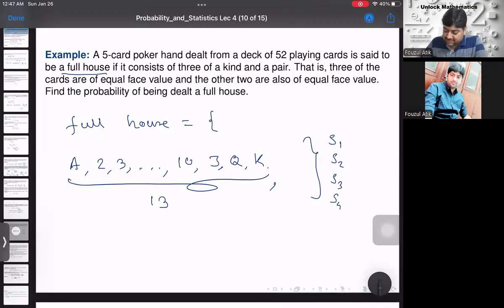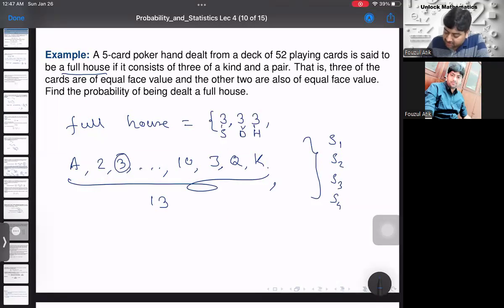Now, a full house example is, maybe you got this face value 3. So 3 of spade, 3 of diamond, and 3 of heart. This 3 you got. And 2 of the same face value.